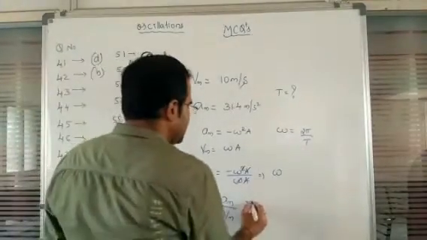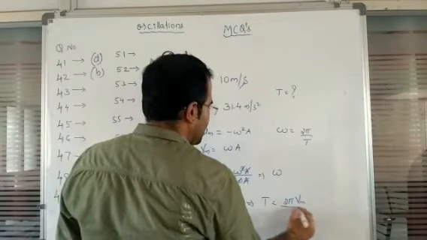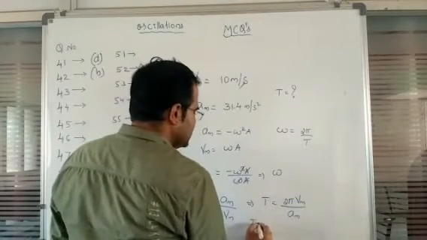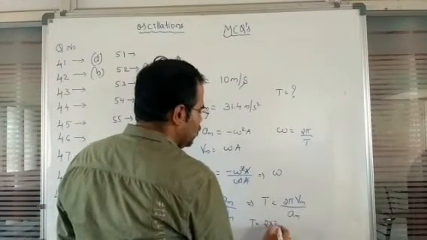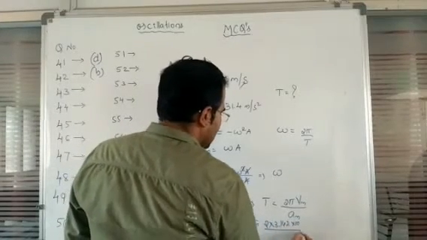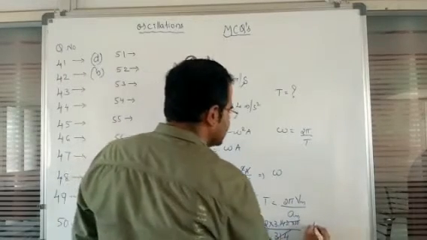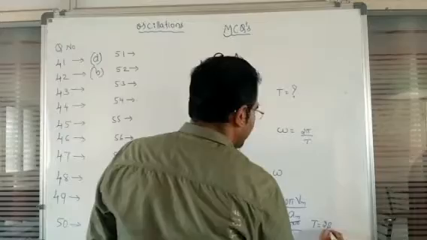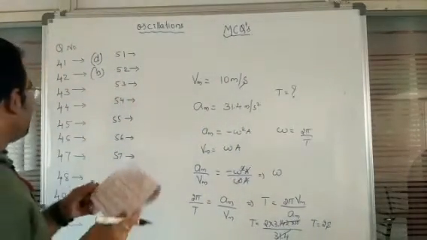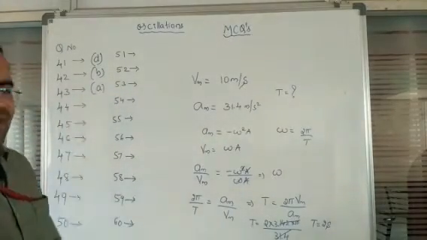So T is equal to 2 pi into maximum velocity divided by maximum acceleration, which is 2 into 3.142 multiplied by 10 divided by 31.4. These cancel, so T is equal to 2 seconds. For question number 43, the option is A.